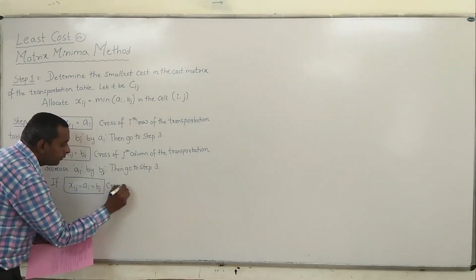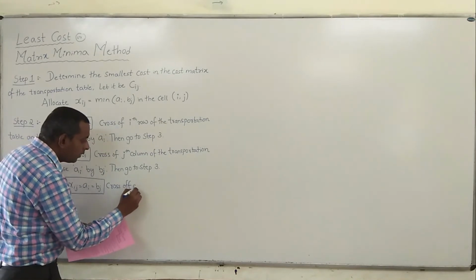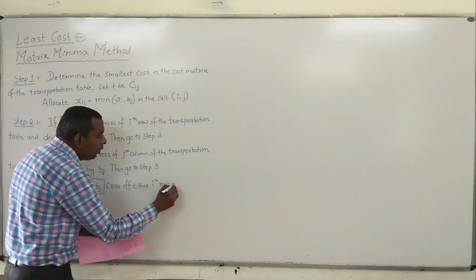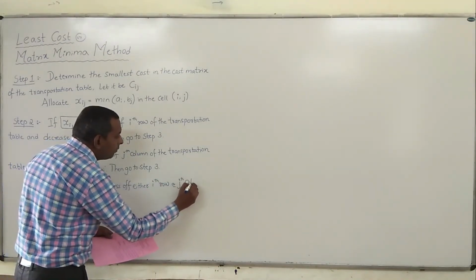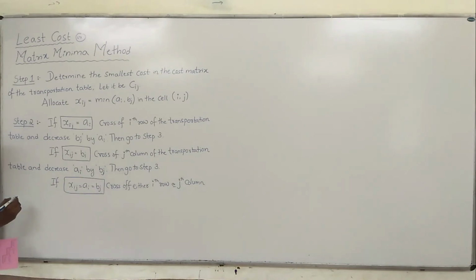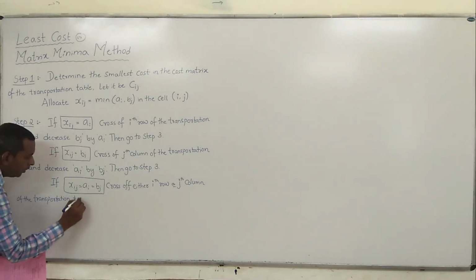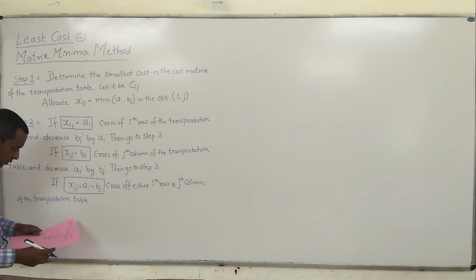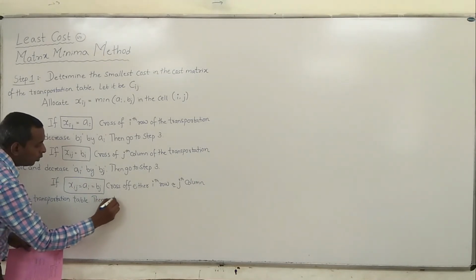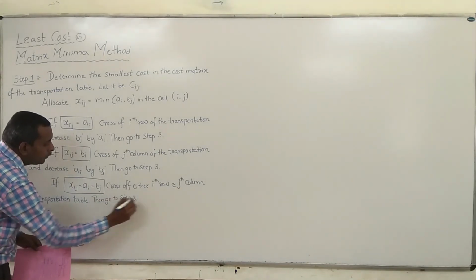Cross off either the ith row or the jth column of the transportation table, then go to step 3.